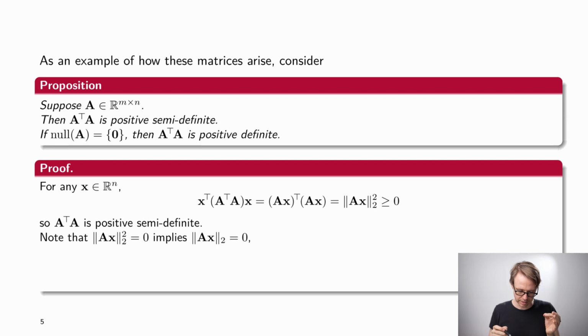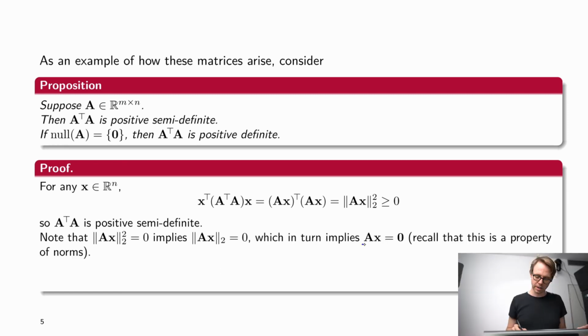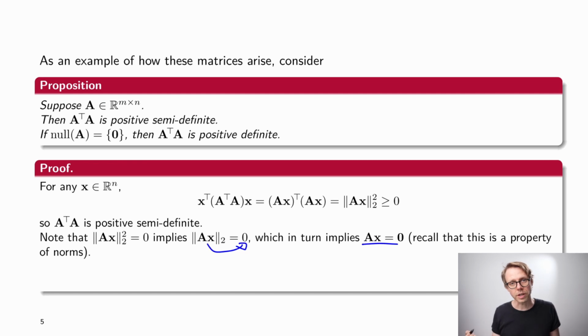If the squared L2 norm of a vector Ax is 0, then also the L2 norm of Ax is 0. The L2 norm is 0 only for the 0 vector, which implies that this term is 0 only if Ax is 0.